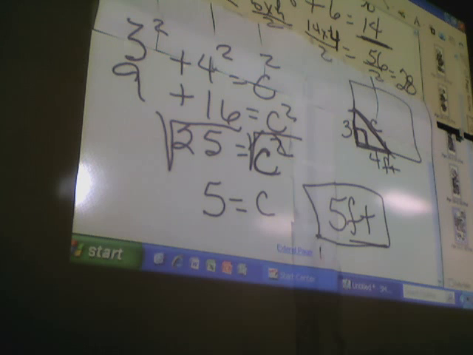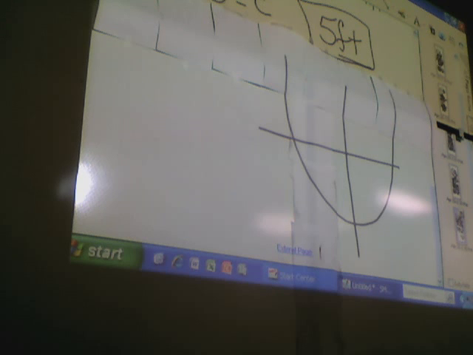And number 28. It has a graph, and it wants you to find the x-intercepts. It has a graph like this. The x-intercepts will be where it intercepts, where it touches the x.